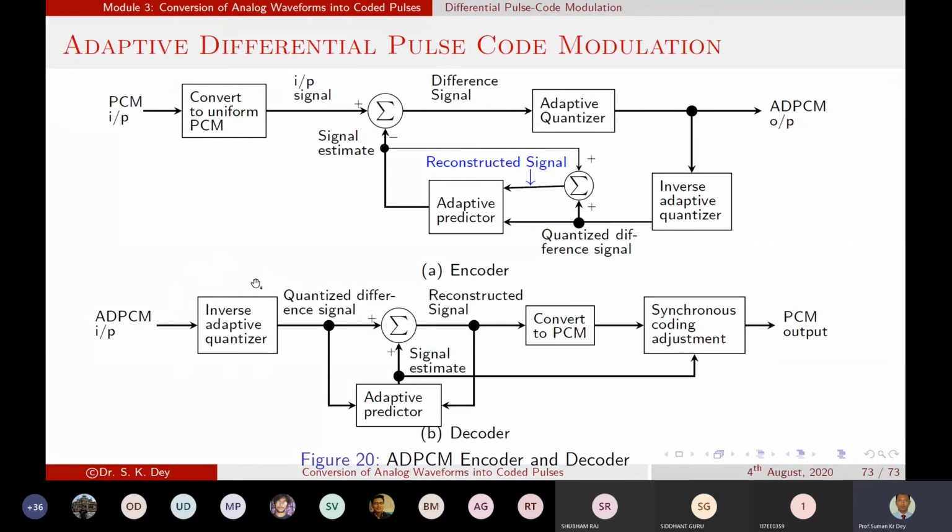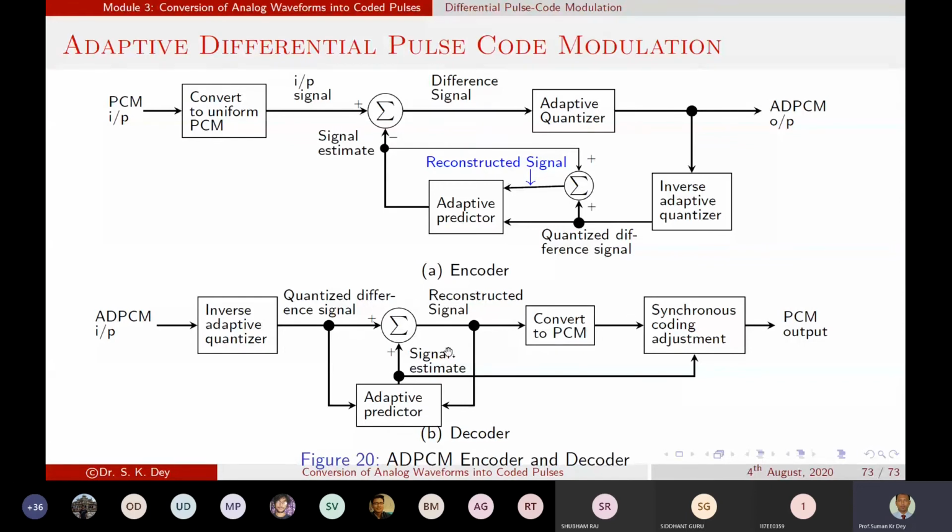Whatever quantization we do at the transmitter, we need the inverse adaptive quantization here. The quantized difference signal goes to the adaptive predictor, which predicts the value based on the previous value, and then goes to the summation.